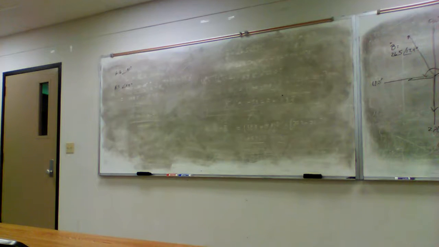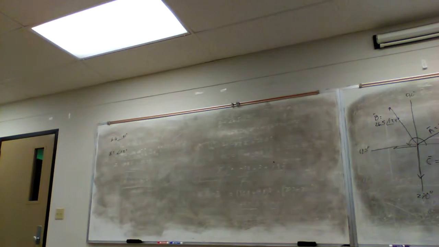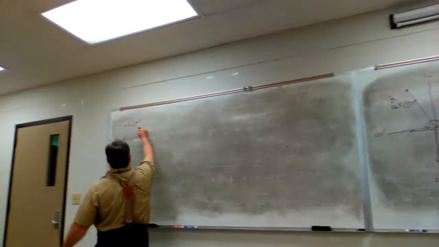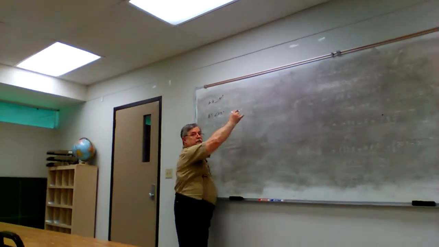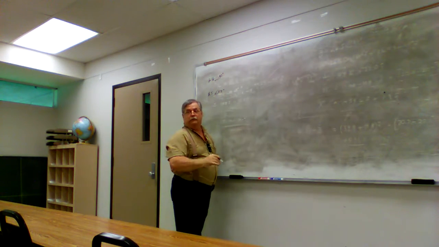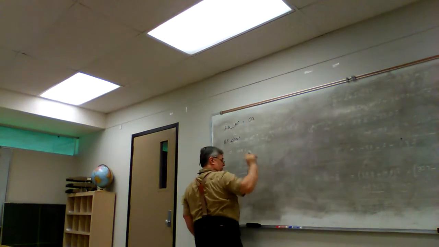What are we supposed to do with them? Yeah, convert them into rectangular and then add them together. Okay, well this one goes into rectangular coordinates very easily. First one, what's the rectangular form of that one?